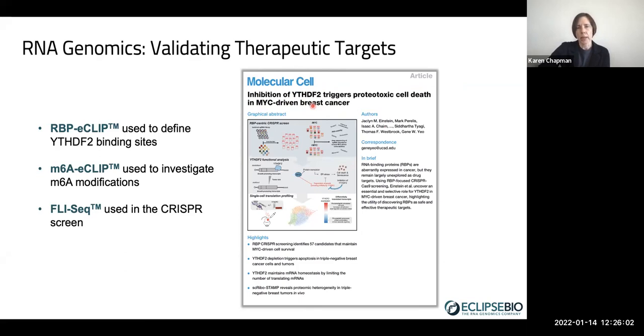But as you can imagine, just based on the fact that this is an RNA binding protein and an M6A reader, these technologies really come into play to investigate the nature of a result like this that comes out of a CRISPR screen. So RBP-eCLIP was used directed against YTHDF2 to define the binding sites transcriptome-wide. And M6A eCLIP was used to investigate the M6A modifications in this publication.